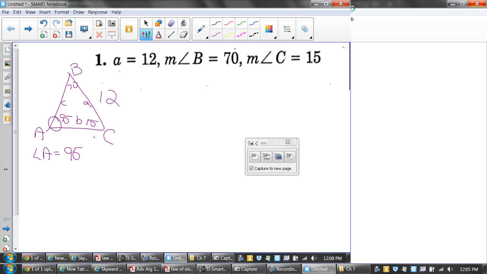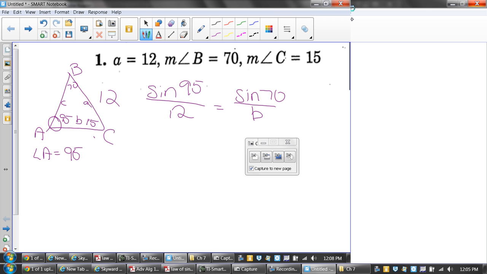So which side do you want to solve for? The A? Okay. So, sine of 95 over 12 equals sine of 70 over little b, right? Yeah. Okay.